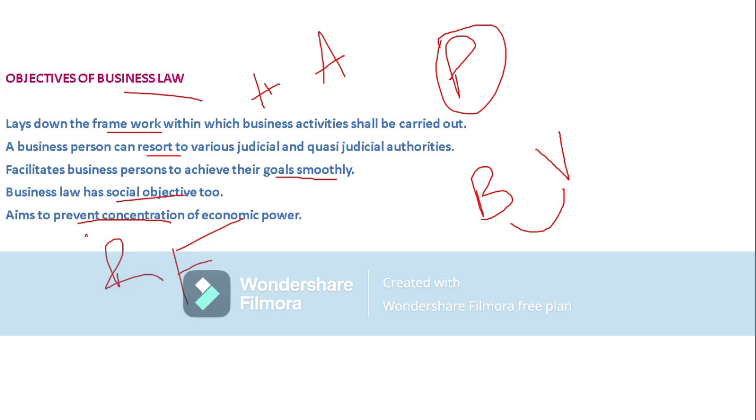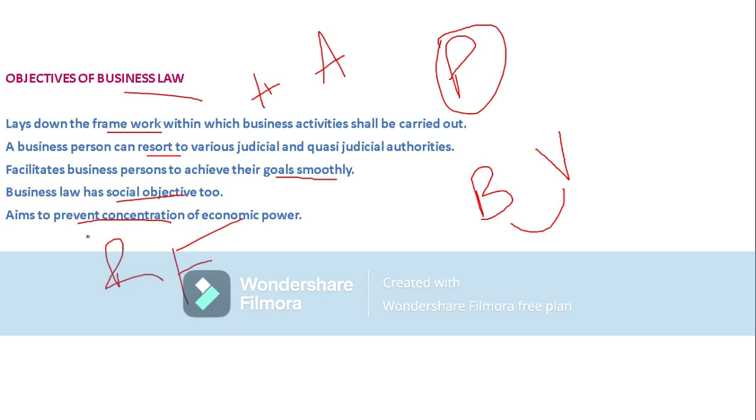Likewise, so many aspects will be there in businesses, in order to gain more profits in the market, in order to be competitive in the market. So these business laws safeguard the people from this concentration of economic power. It means the persons will think that they should have more economic power, more profit.